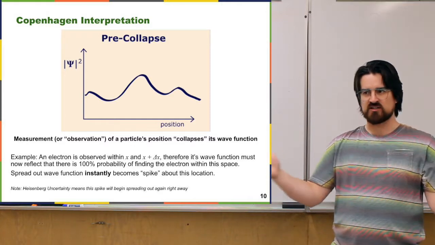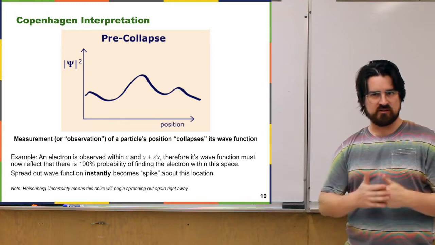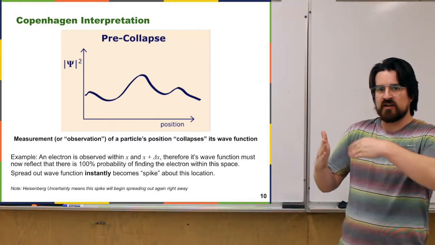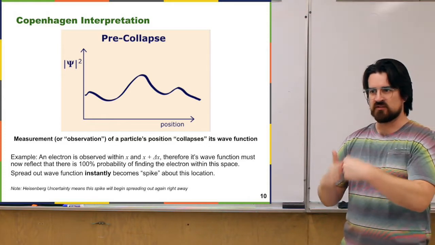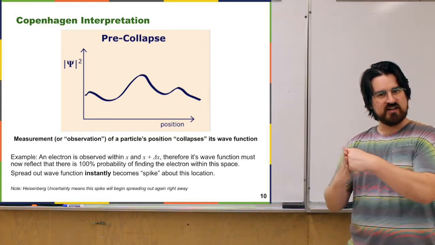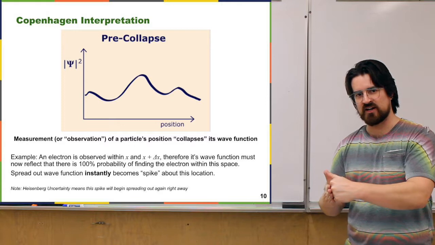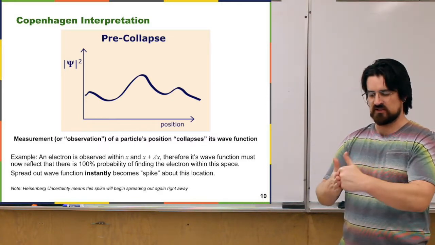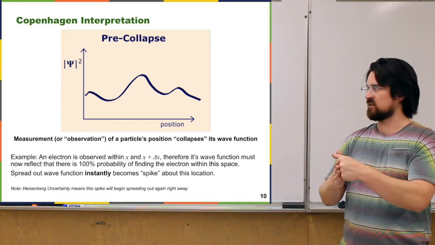It's no longer the case that the particle could be in all these different places, because it's now here. So if you know that it's in this particular region, the probability that you're going to find it there, if you were to check again right away, needs to be 100%, right? Because it's right there.